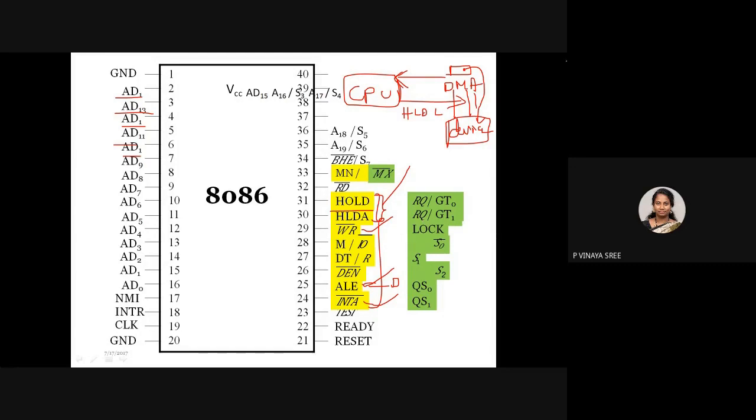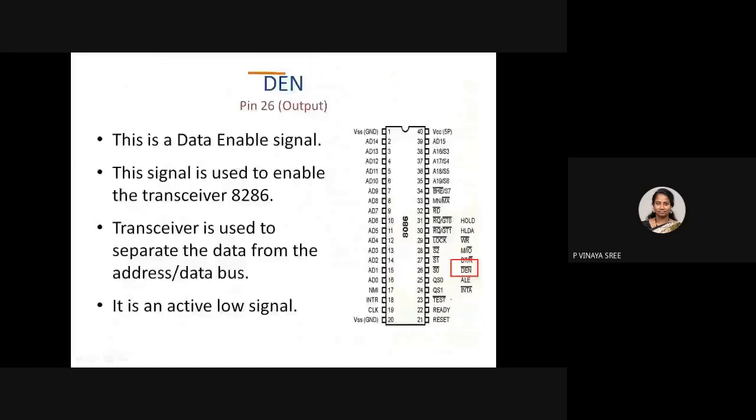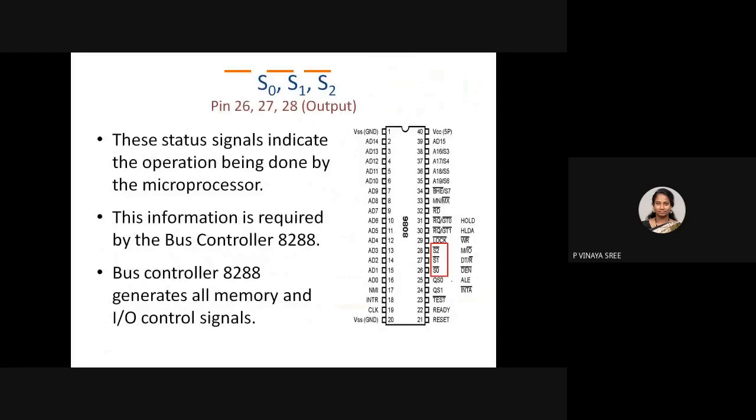Okay, now we'll start with the maximum mode pins. See here, we have three status pins, S0 bar, S1 bar, S2 bar, which are all active low pins.